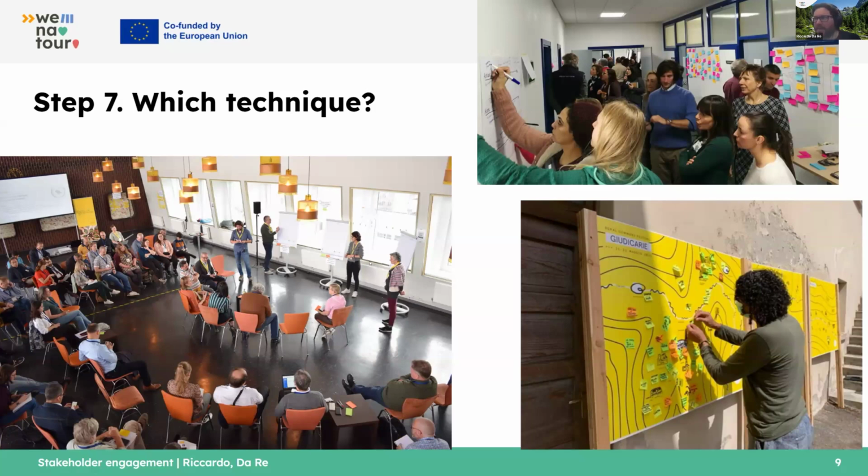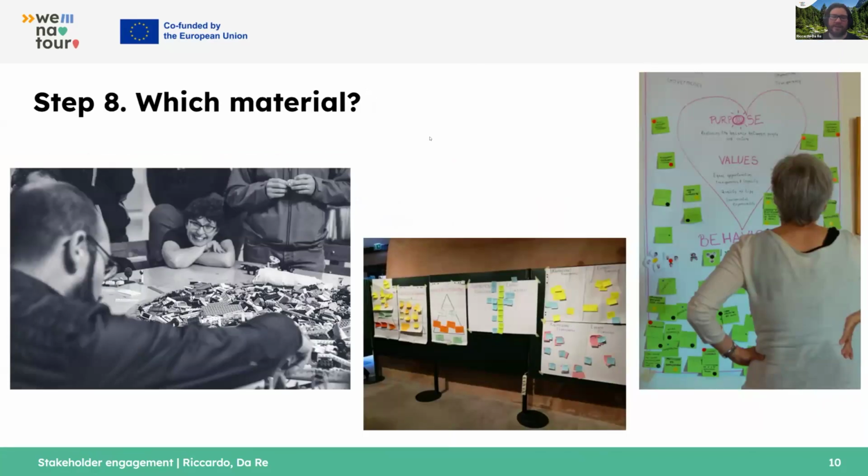Once you decide your technique, you have to decide which material. For me, materials are one independent step, because normally people joke about me because I travel with a very big luggage with a lot of material every time I facilitate stakeholder engagement processes, because material is part of the engagement.